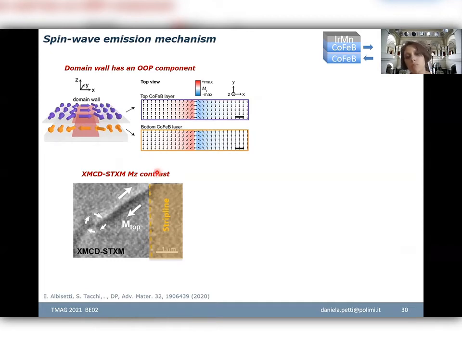So now if we place a strip line next to our domain wall, we are able to excite it by using the global Oersted field of the strip line.